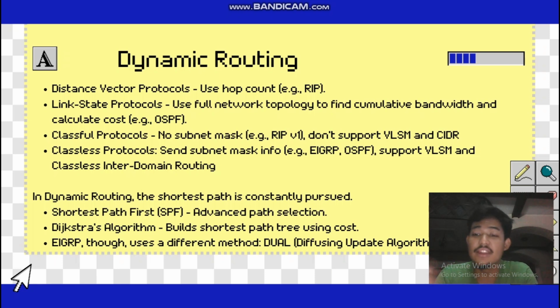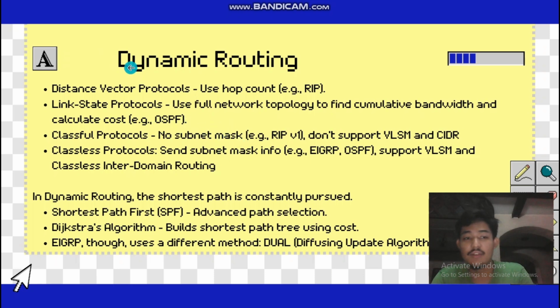So the end devices are also scrutinized in a link state protocol in order for the dynamic routing procedure to be implemented. An example of that is the Open Shortest Path First protocol.